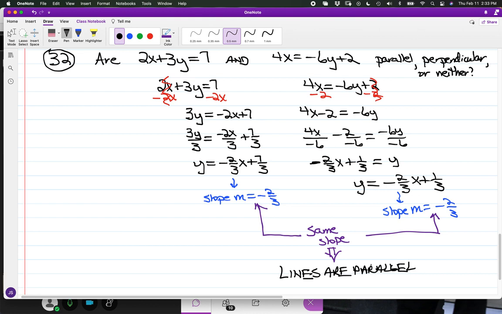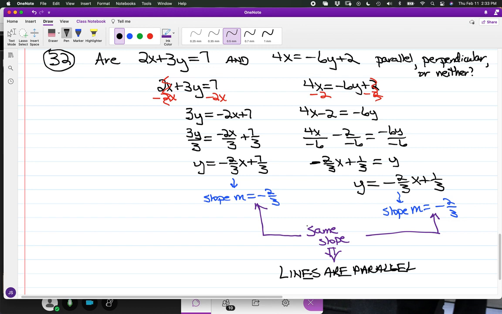Now, they are distinct, that is different, because here we have y is equal to negative 2/3 of x plus 7/3, and y is equal to negative 2/3 of x plus 1/3. So you have different y-intercepts.